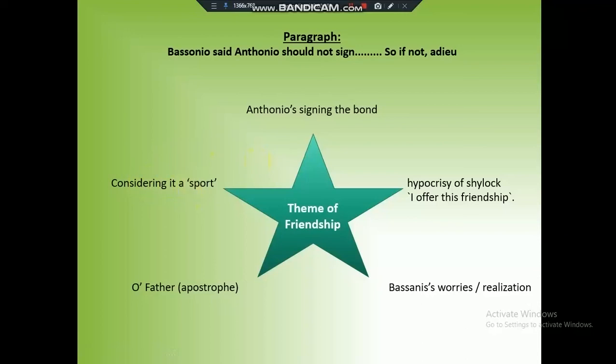He thought that Shylock is not actually going to do this. He is just, in fun or in revenge, making Antonio sign this bond. This paragraph basically explains the theme of friendship. You can observe the sacrifices of Antonio for Bassanio.